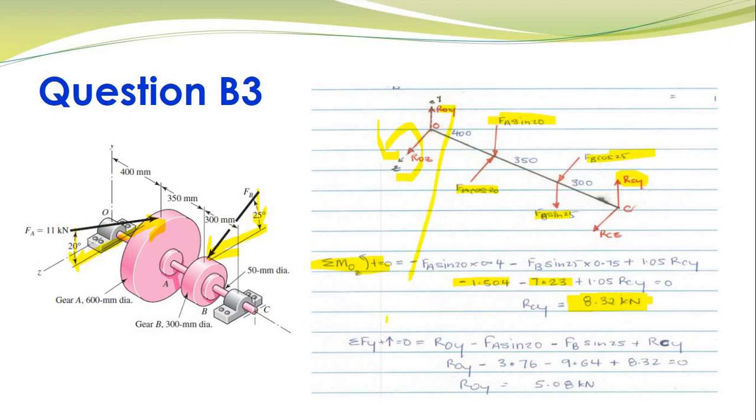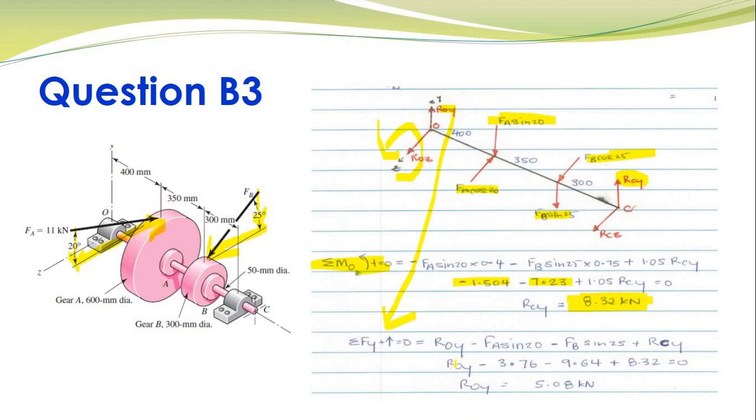Now we can solve for ROY just by taking the sum of forces in the vertical direction. Basically I'm taking the sum of forces in the y direction, where acting upwards is positive, equal to 0. So I have ROY minus Fa sine 20, since it is acting in the negative y direction, minus Fb sine 25, which is again acting in the negative direction, and then plus RCY.